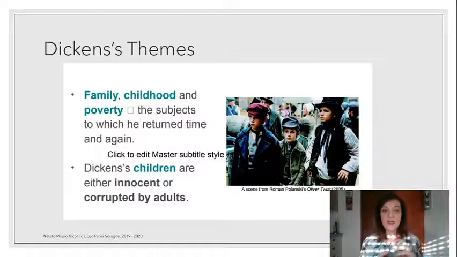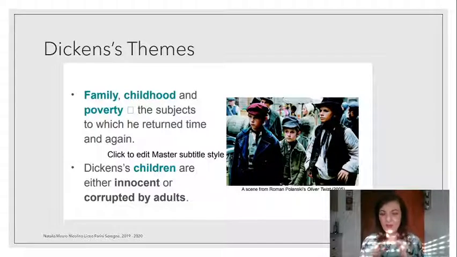The first is obviously family and childhood. Okay, the importance of the family, the importance of childhood, the importance of poverty, of the last people, the neglected ones. And the children.